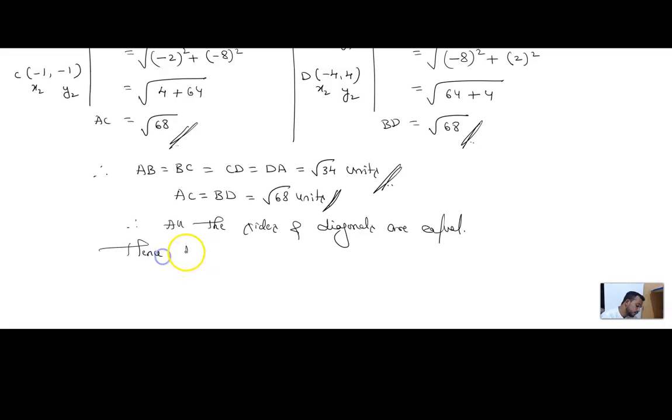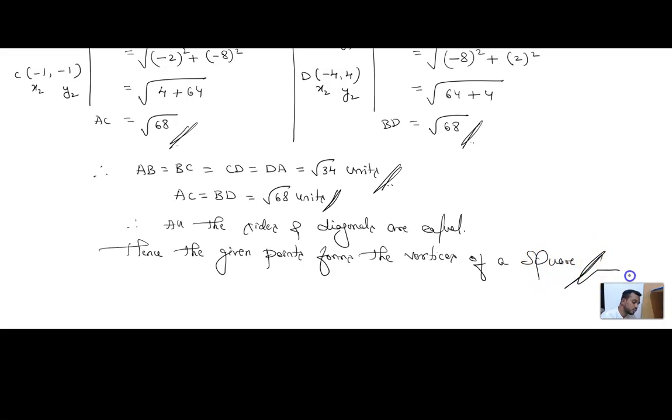Hence the given points form the vertices of a square. That's it. So the given points form the vertices of a square. I hope you have understood this.